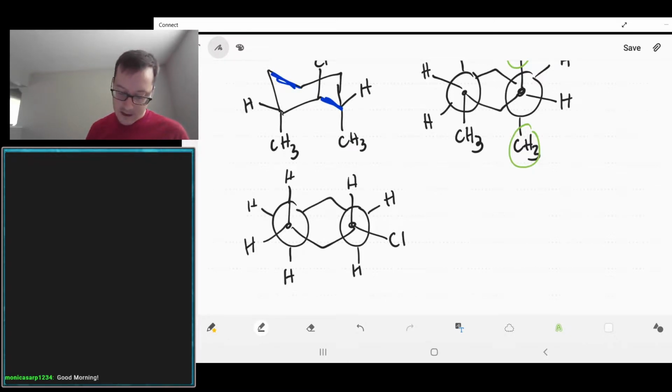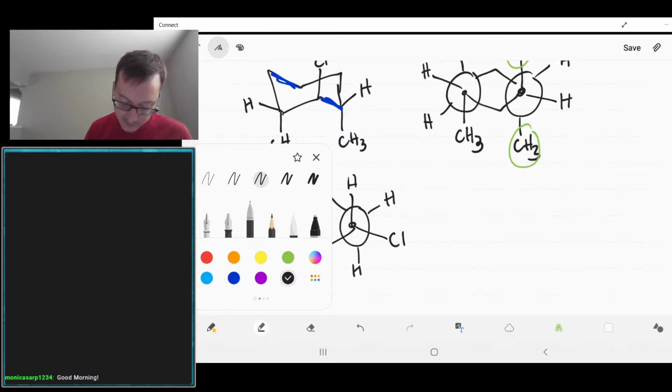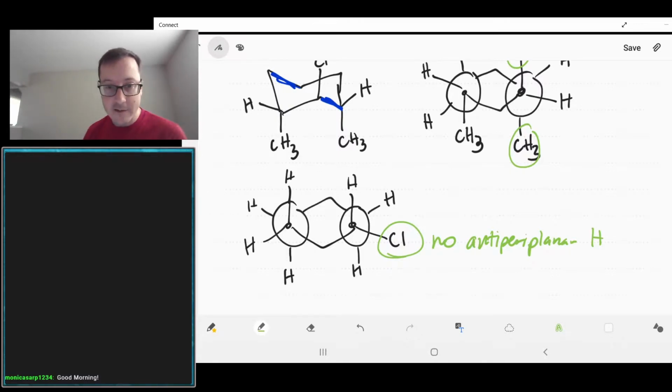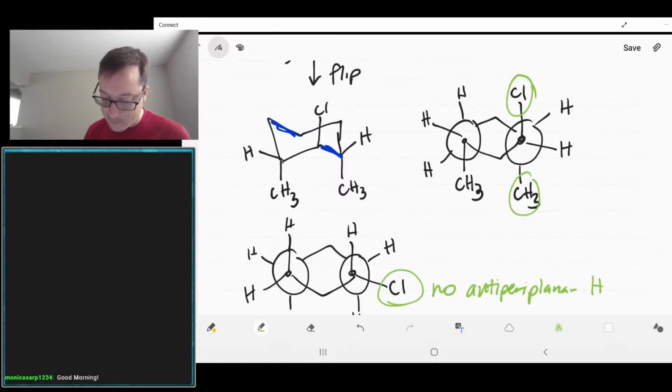So we're going to see the stereochemistry is going to be very important for us here because as drawn, the chlorine has to be axial for this to happen. And we have to have a hydrogen in the other axial position.